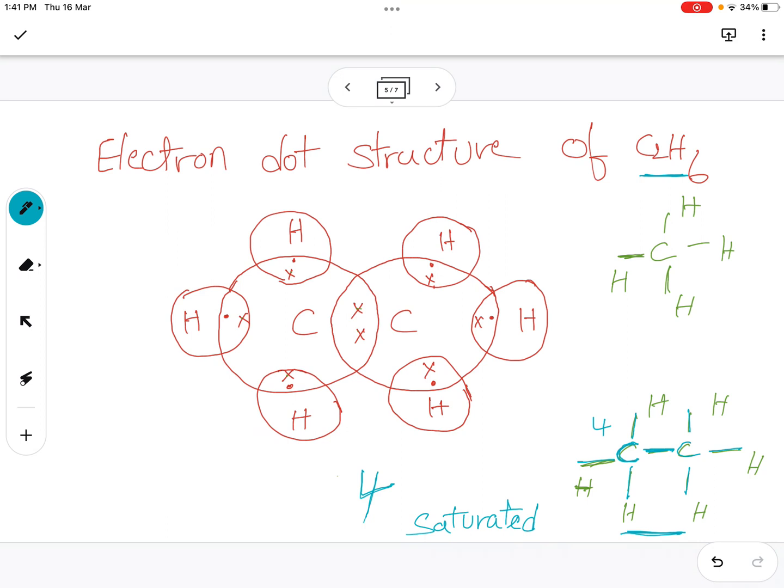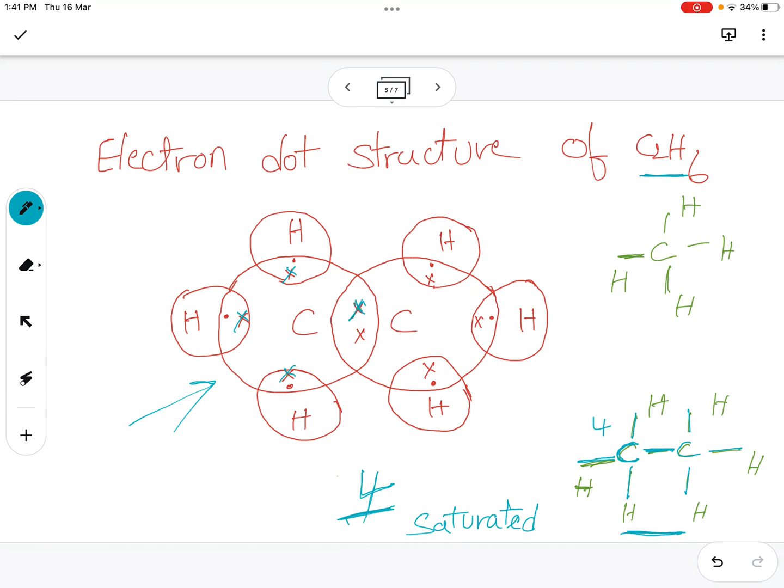These bonds I am representing in the electron dot structure here. Carbon valency 4 means 4 electrons in the valency shell. The 4 electrons in the valency shell of the carbon atom are ready to form bonds with other atoms. See here, 1, 2, 3, 4.